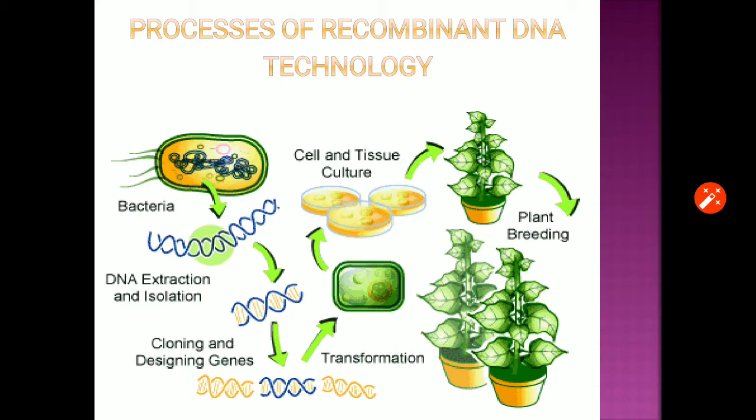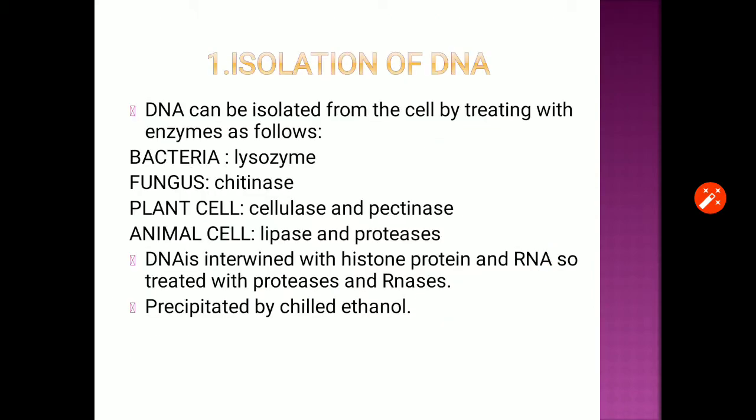All this experiment in which we have inserted the desired gene into a plant cell, and then developed plants out of it with the desired features, that complete process is termed recombinant DNA technology. That means we have undertaken genetic engineering to modify a plant and got a transgenic plant with the desired feature. We can do it with animals also.